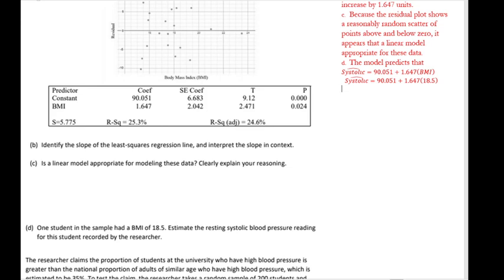And if you give me just a second to approximate what that is going to be, that should be, if I have done my math correctly, 116.0205. So that's what we'd expect for the predicted systolic blood pressure.